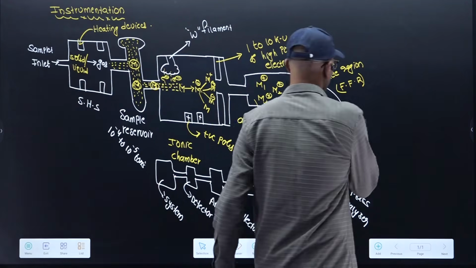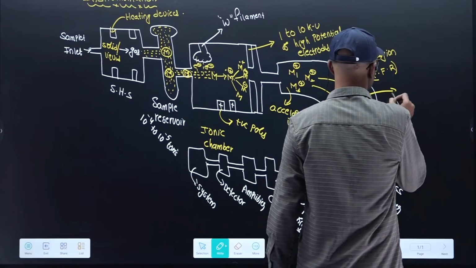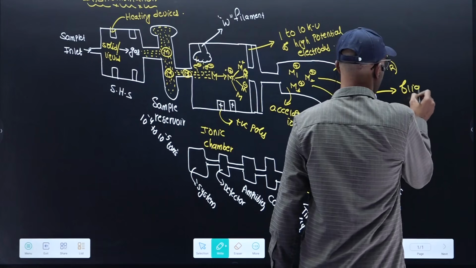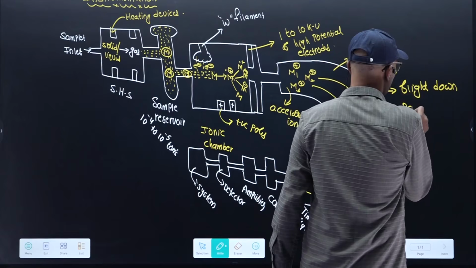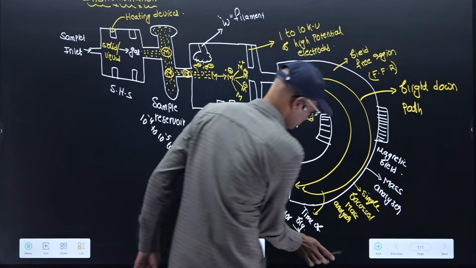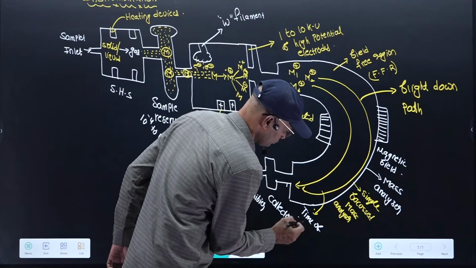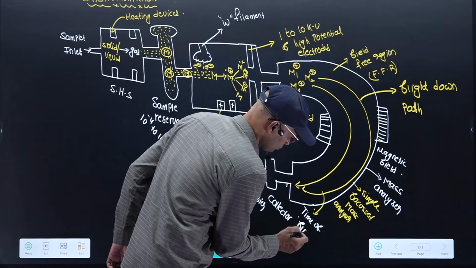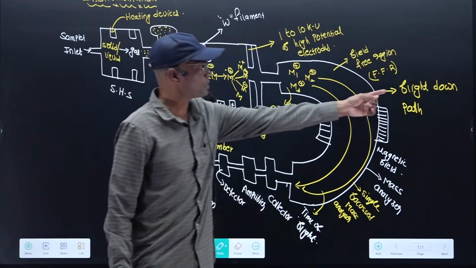So this is also called flight down path. Flight down path or time of flight, both are the same. So these two statements remain the same.